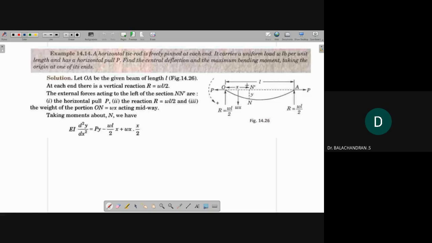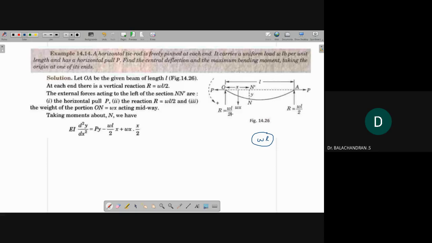For the total beam, how much load is acting? Omega L. So half of this is omega L by 2. So at one end the reaction is omega L by 2, and similarly at the other end the reaction is omega L by 2.